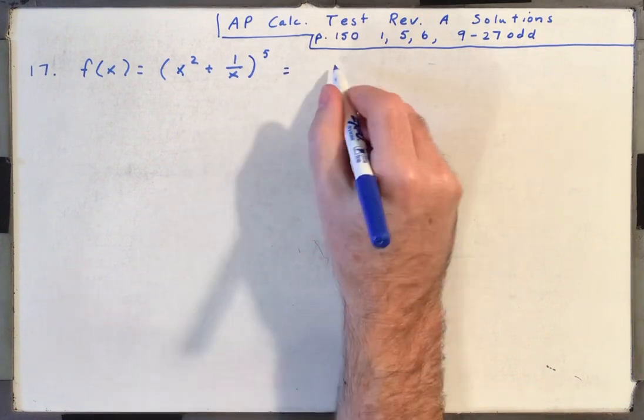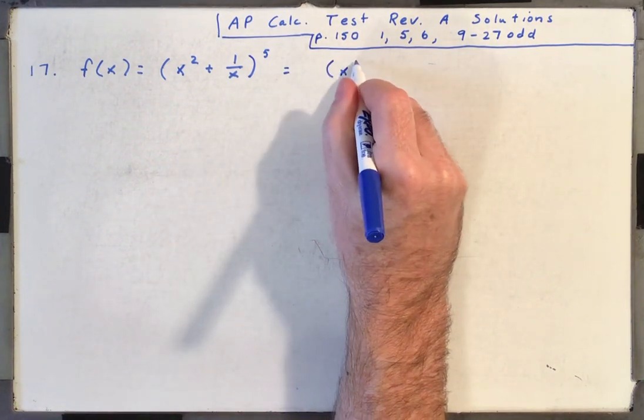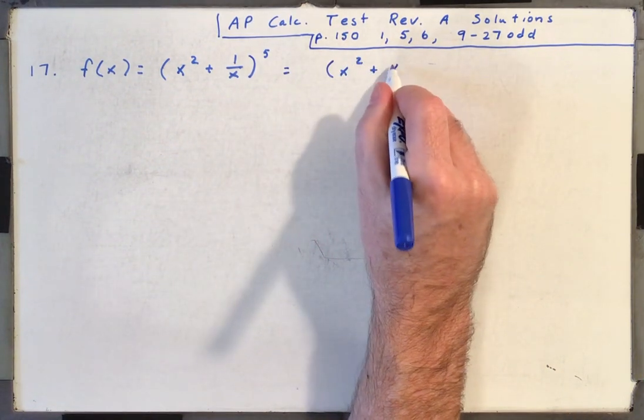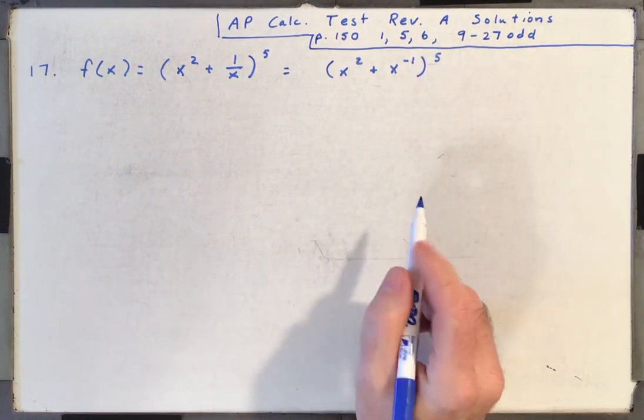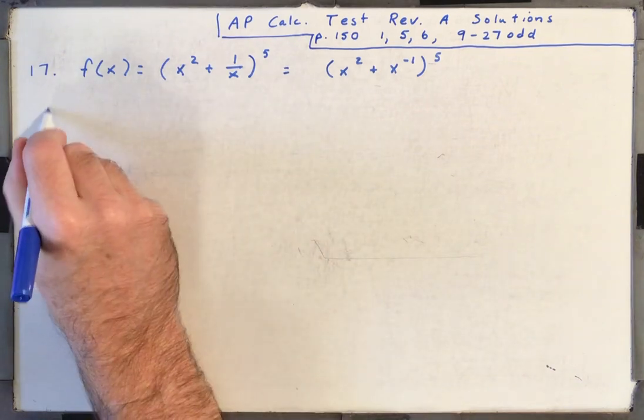This is a chain rule. It'd be a little easier if we wrote this x squared plus x to the minus 1 all to the fifth, because we have an outer and an inner function.